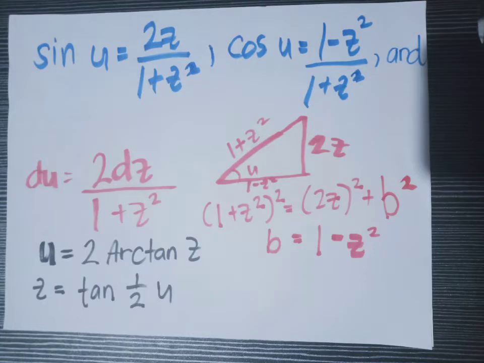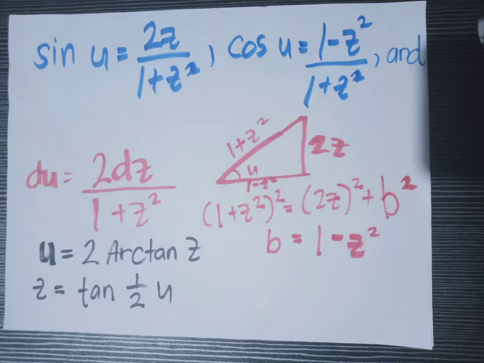Since sine u equals 2z over 1 plus z squared, using the right triangle, since sine is the opposite over the hypotenuse, we have 2z as the opposite of u, and the hypotenuse is 1 plus z squared.